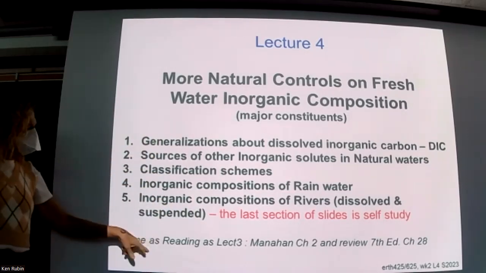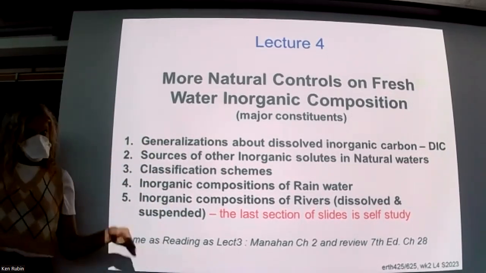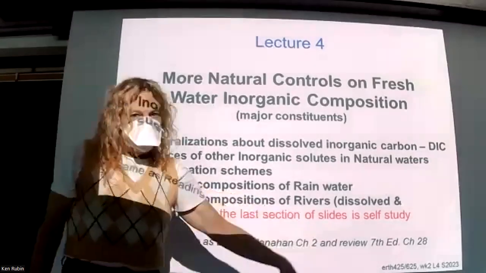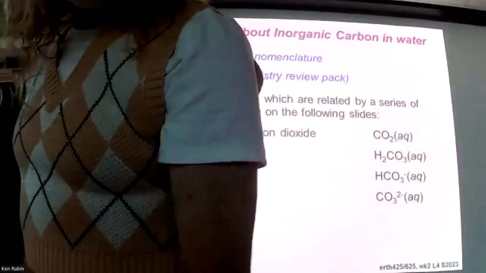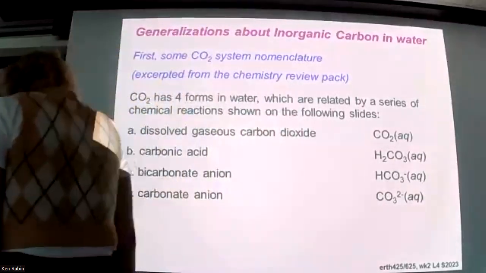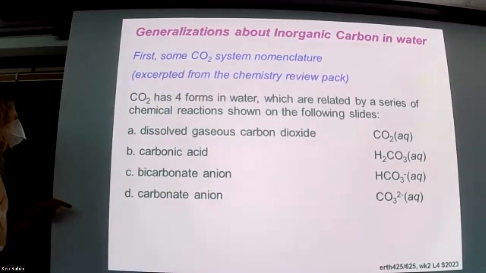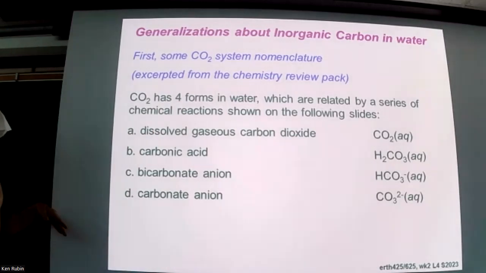And this basically goes along with the lecture 2 reading, plus review the background chemistry stuff if you feel it's necessary. So I mentioned these last time, I just want to mention them again. This is a slide that I pulled out of the chemistry review pack.